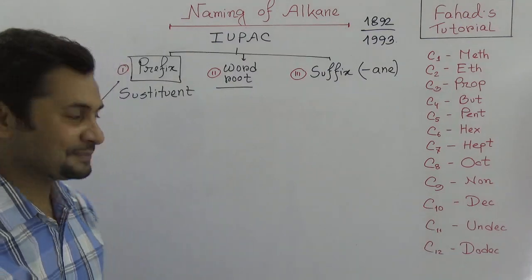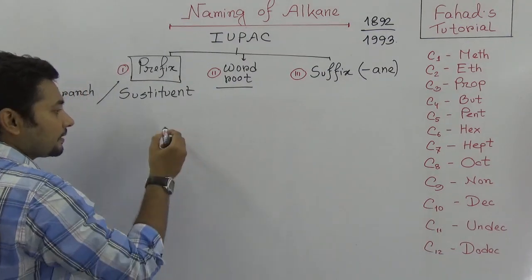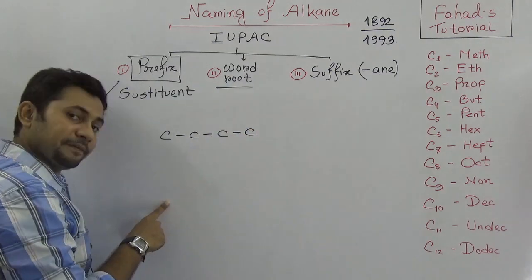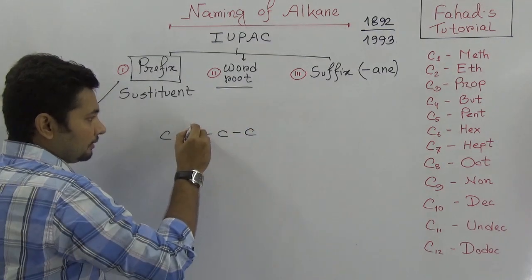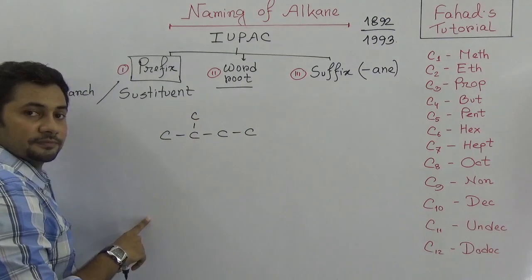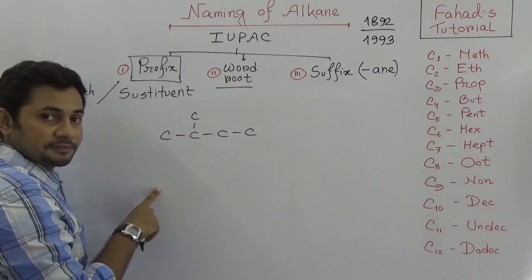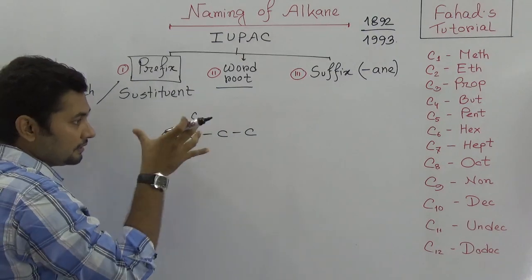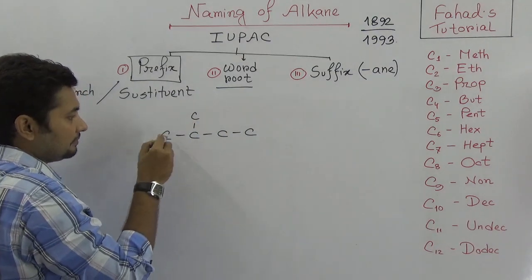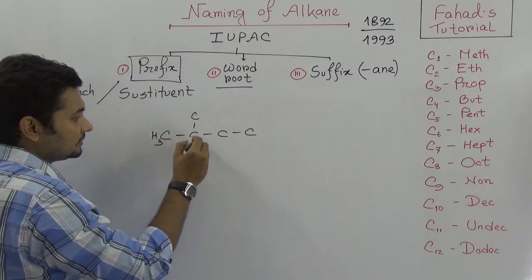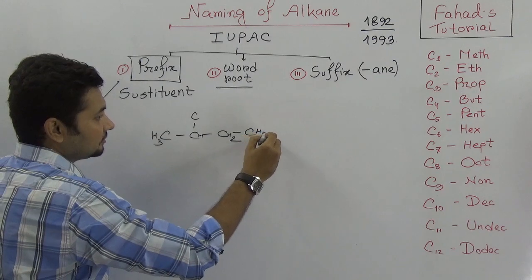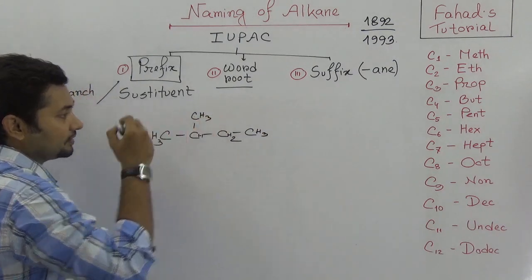Let's start. Think about it. 1, 2, 3, 4. Now there is a branch, another carbon. So what should be the full structure of this? I think there should be 3 hydrogen, 1 hydrogen, 2 hydrogen, 3 hydrogen and 3 hydrogen.